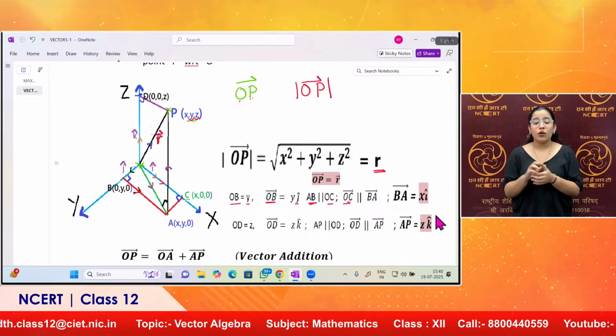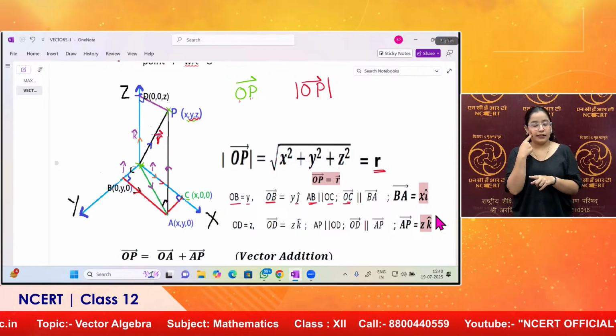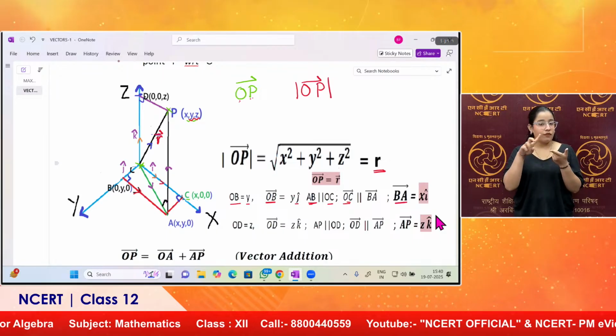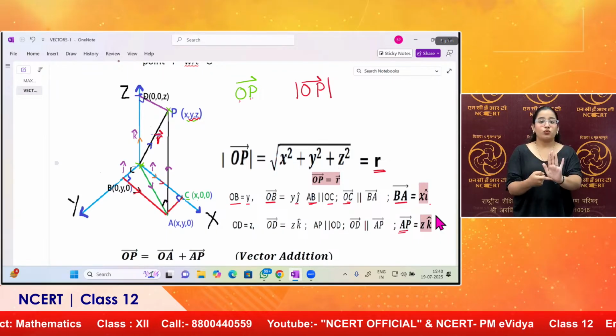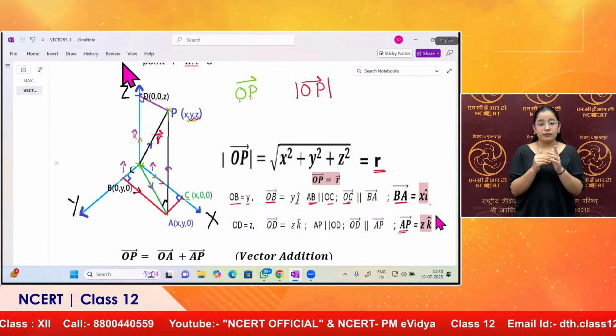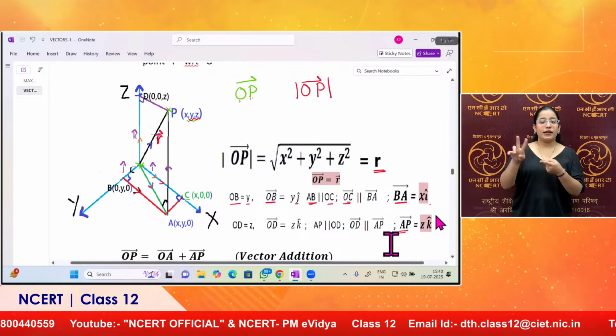O to C has length x, so the vector OC is xi. So it is AB, BA. So it's from B to A, so we have this vector as BA as xi. Likewise, we have defined the vector AP, which has zk. Fine? Ji.